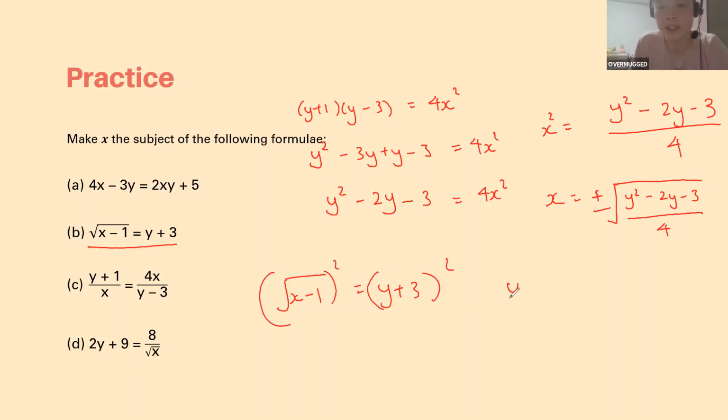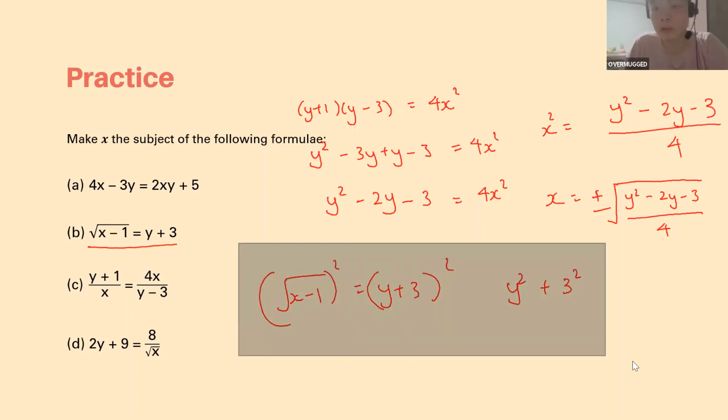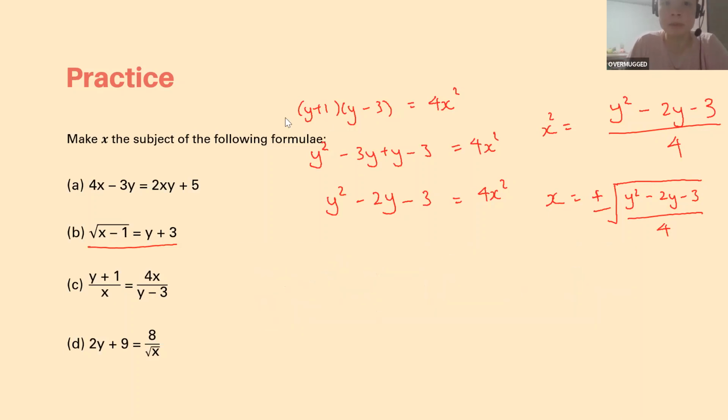I cannot just square selectively. If I want to square root the whole thing, I cannot square root selectively either. I cannot just change this to y, because it applies to the whole thing, and you will actually change the value. I'm not sure if I've answered your question. Is it okay?